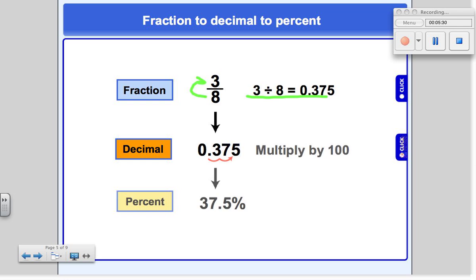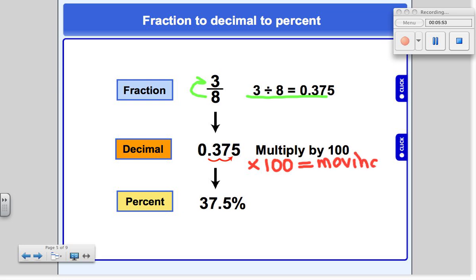So at this point, you would take your decimal, 375 thousandths, and you would multiply it by 100. Because remember, percents are out of 100. So when you have this, your decimal, just like I showed you in the previous examples, you want to move your decimal 2 places to the right.